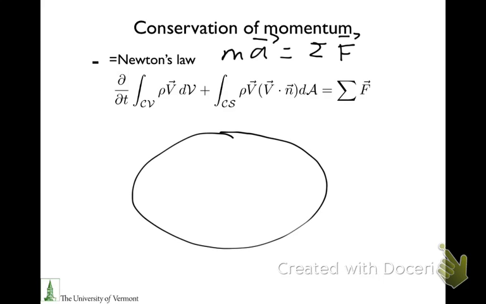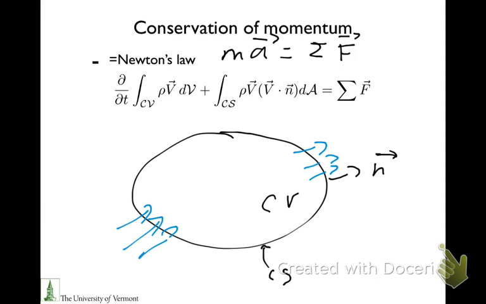So you have your control volume, the normal to the surface of your control volume, so that's CV, that's CS, and then you have your flow coming in. Your flow is going to transport momentum through this term, and you have a bunch of forces that apply within the control volume.